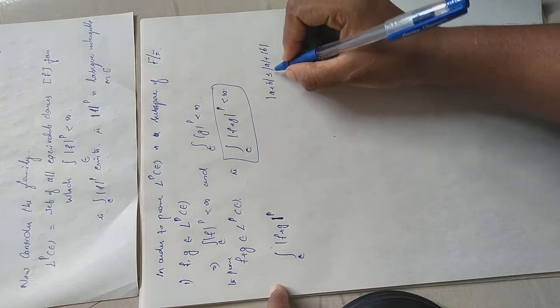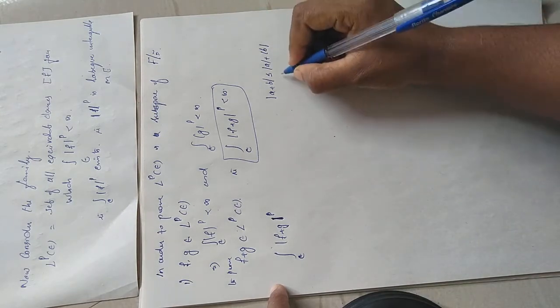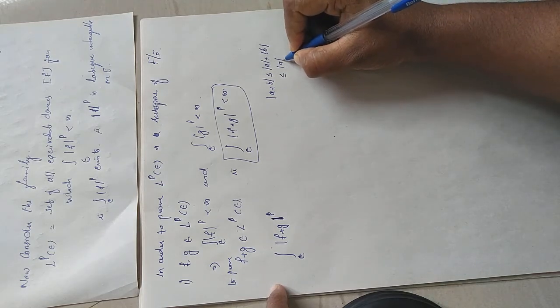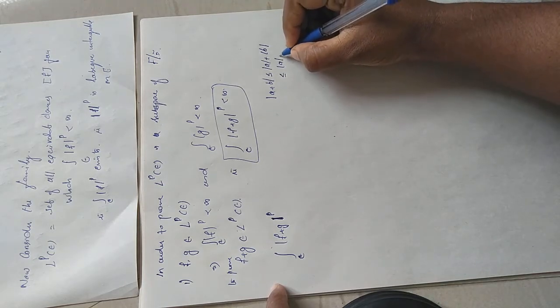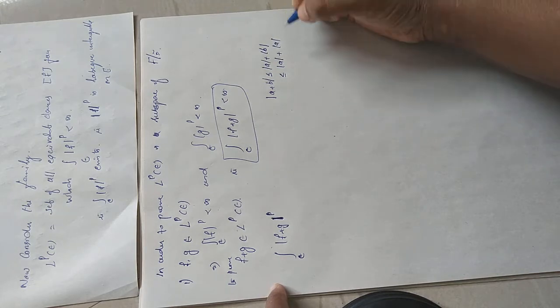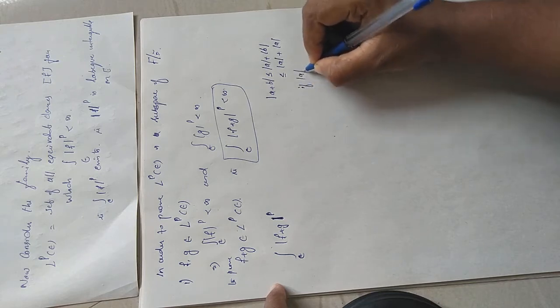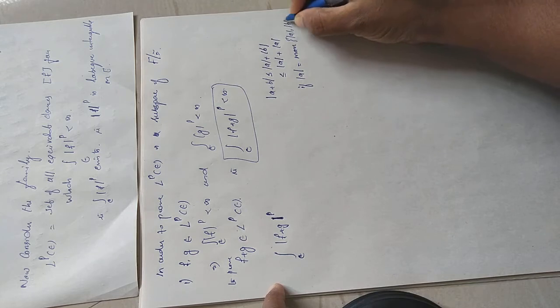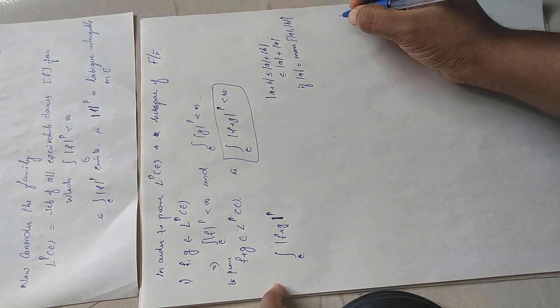Then I can write this will be less than or equal to mod a plus mod a, if mod a equals the maximum of mod a comma mod b, right?